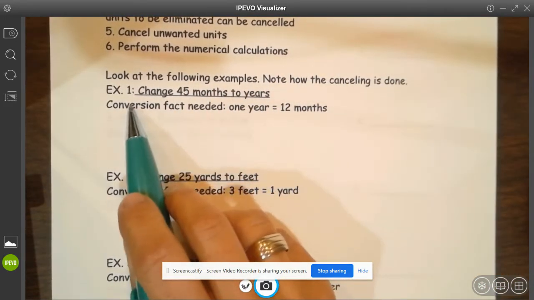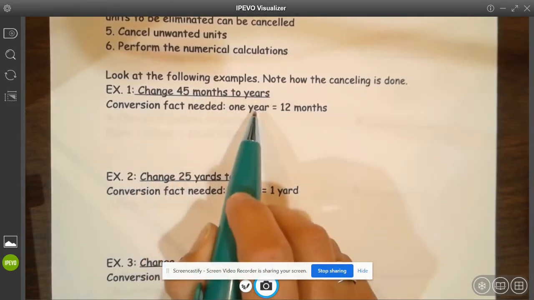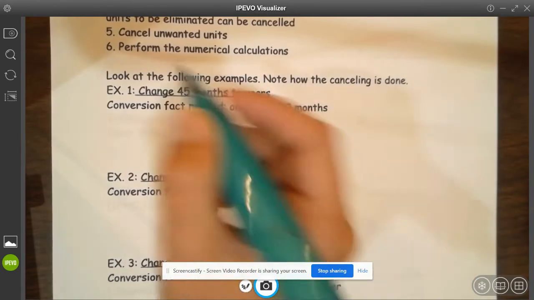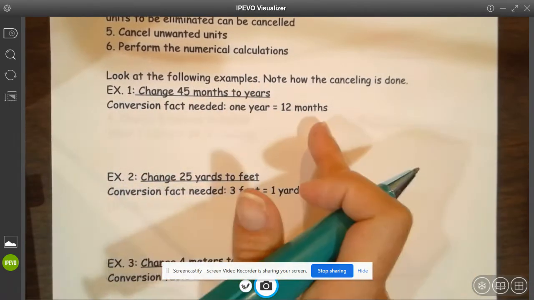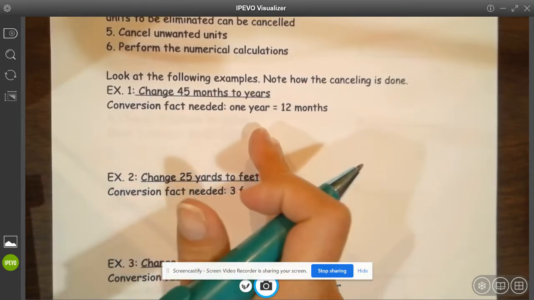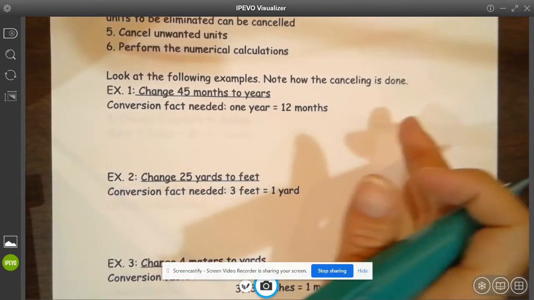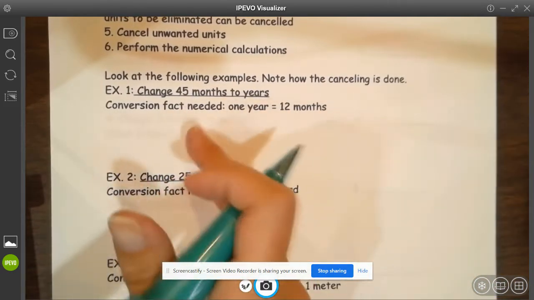All right, so conversion, change 45 months into years. We need to know that 1 year equals 12 months. So the way we do this, we're going to set up fractions, products of fractions. So we're going to start multiplying fractions and then canceling each other to get to the right answer. And then at the end, we're going to use units. Well, actually, from the beginning to the end.